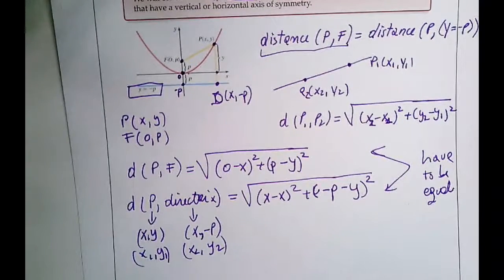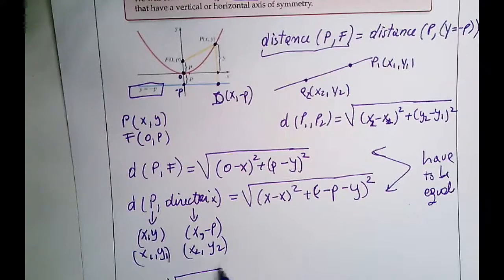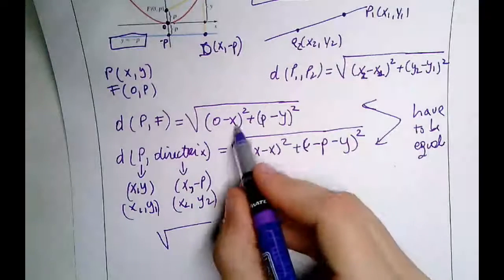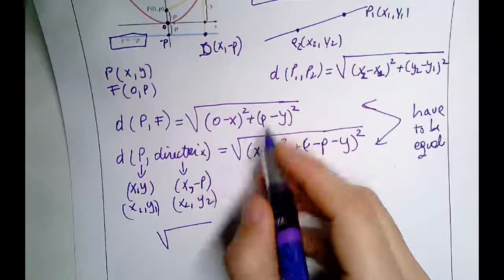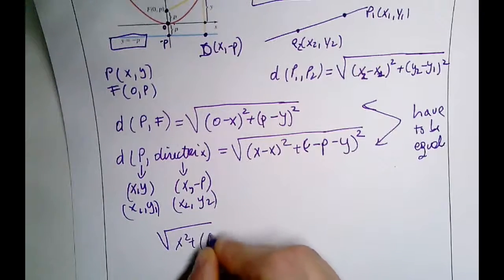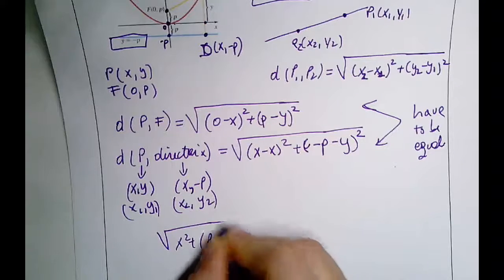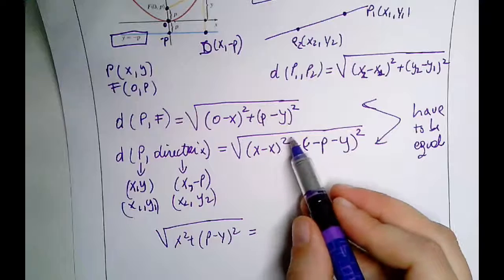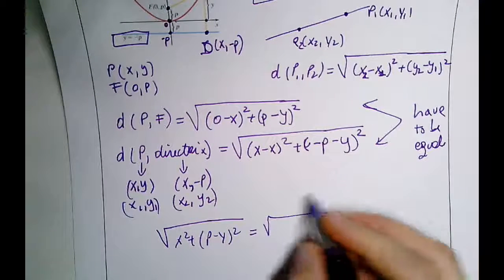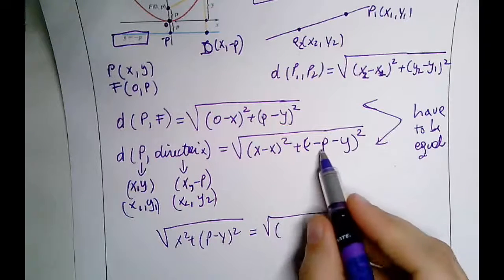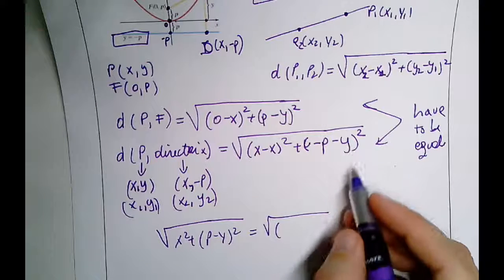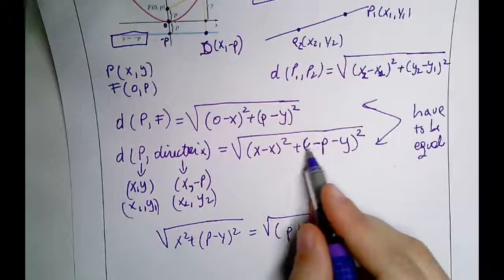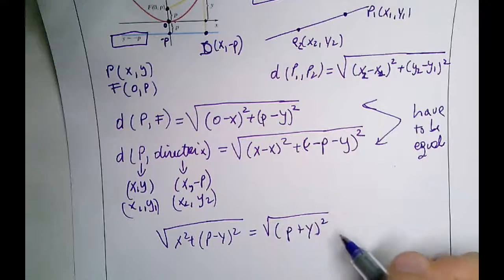I'm going to put the focus distance on the left-hand side: 0 minus x squared is just x squared, plus (p minus y) squared, equals, on the right, x minus x is 0, so it's 0 squared, and then (negative p minus y) squared is the same as (p plus y) squared, because I can pull out the negative, and negative 1 squared is positive.